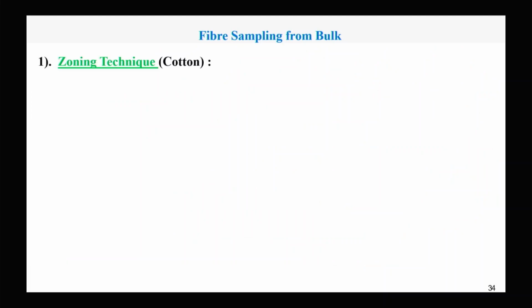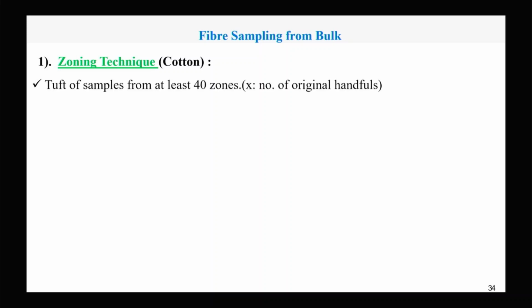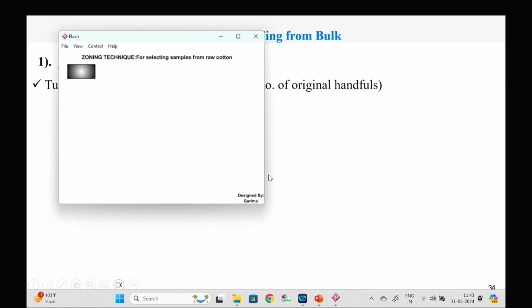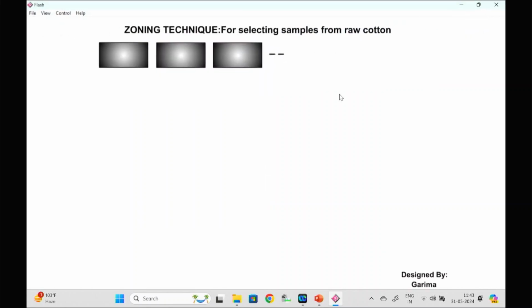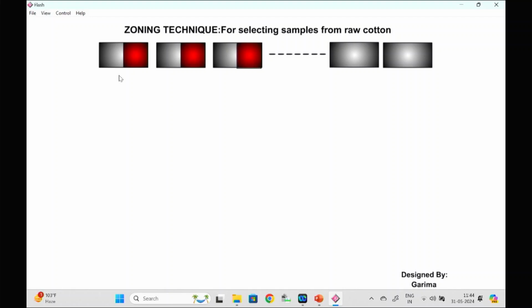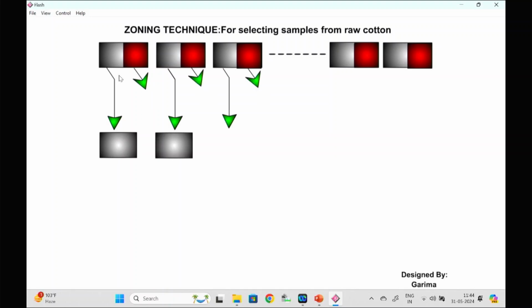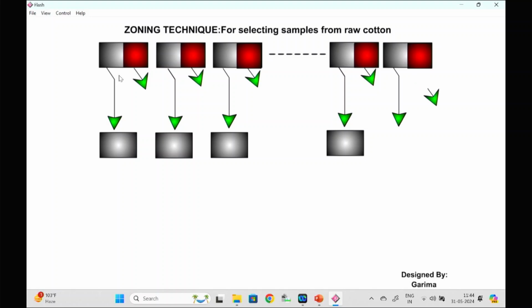This part we have already discussed, where I explained the zoning technique. Now let us see the animation. Through the animation we can see these small specimens divided into different zones, and then each zone is divided into 2 parts. The red parts are discarded and the remaining half portion of each zone is kept.